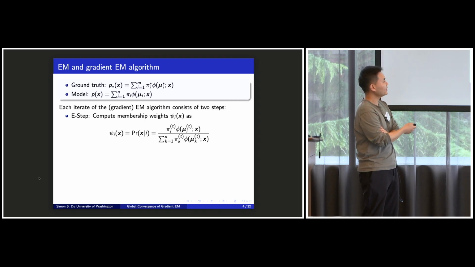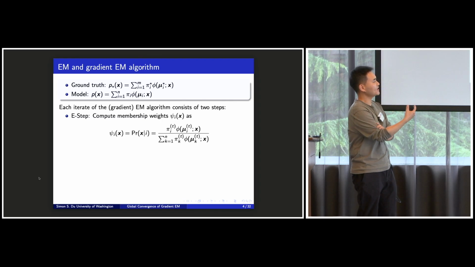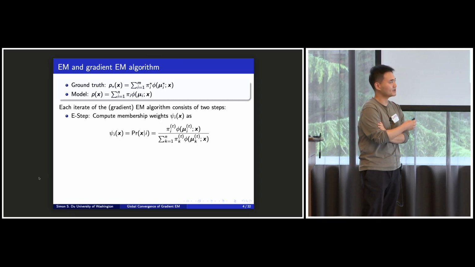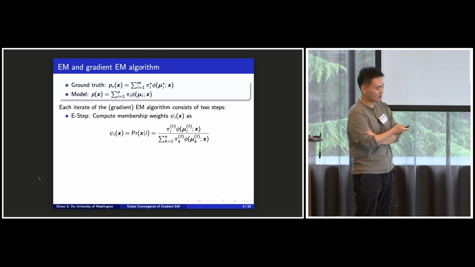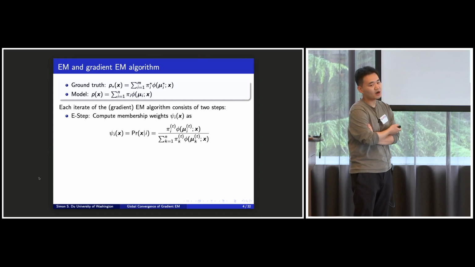So this is at the t-th iteration. In the denominator, we have the total probability, and in the numerator, we have the corresponding weight for the i-th component, that is, x is sampled from the i-th Gaussian component. So now we have the assigned weights for all the data.